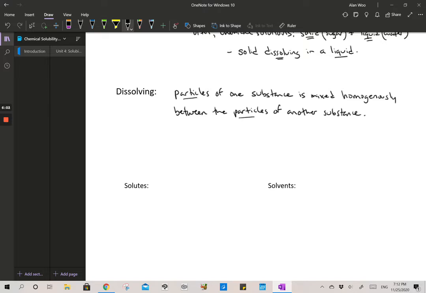This is a physical change, not a phase change. The physical properties are being altered, but it's not changing in phase, because after all, we are creating a mixture.